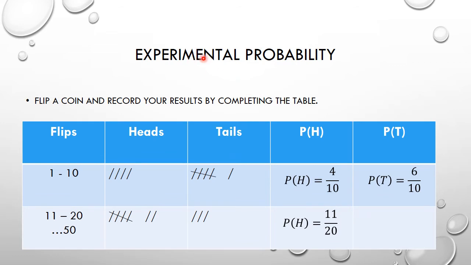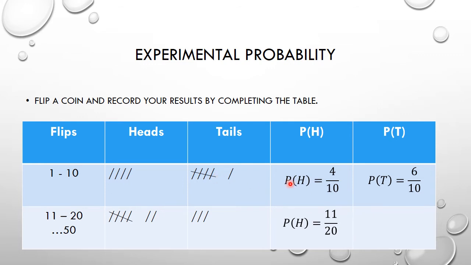Let's do a little exercise in experimental probability. Flip a coin and record your results by completing the table. This is just a little tally table I made. There's the flips 1 to 10. Out of those 10 flips, I had 4 heads and 6 tails.